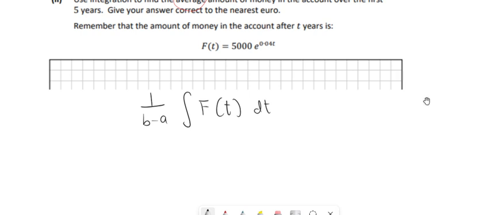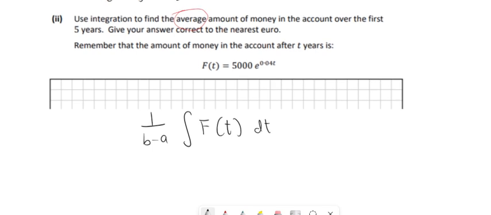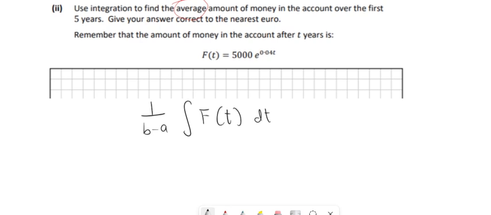So now it's the first 5 years, so it starts at year 0 and then it goes to year 5. So it's going to be 1 over, so b will be 5 and 0 will be a.